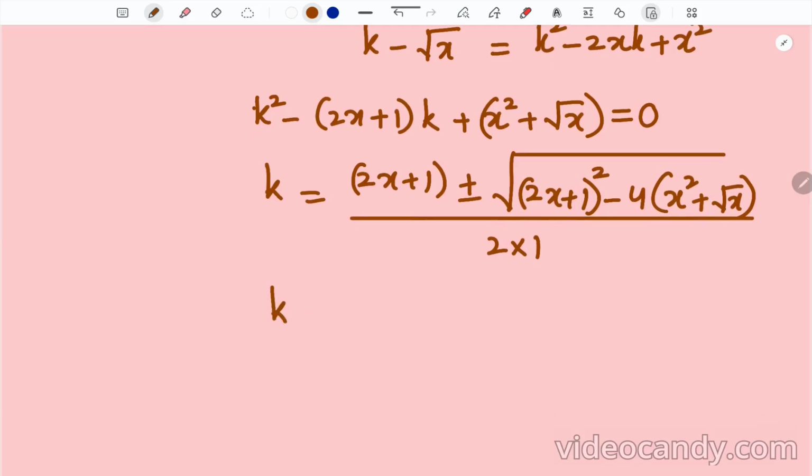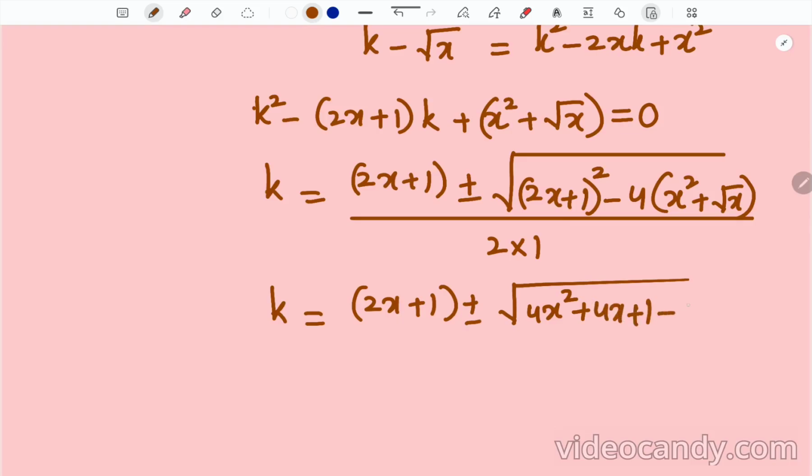So you will get 2x plus 1 plus or minus root of this one. You will get 4x square plus 4x plus 1 minus 4x square minus 4 root x, by 2.